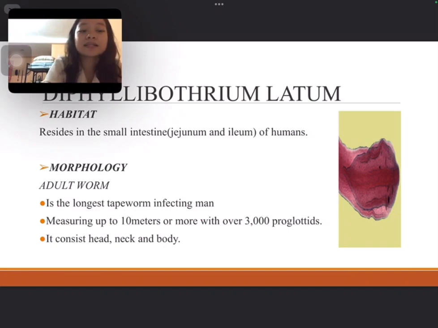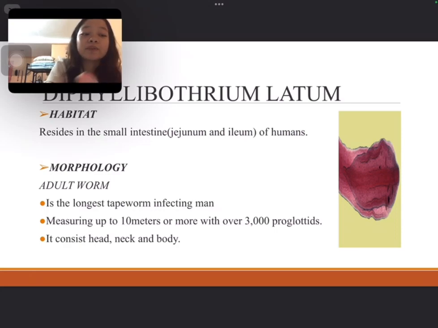It inhabits the intestines of humans, where it can cause infections known as diphyllobothriasis. However, the life cycle of the latum involves multiple hosts and stages, and its habitat extends beyond the human digestive tract. The primary habitat of the latum adult stage is the small intestine of humans.